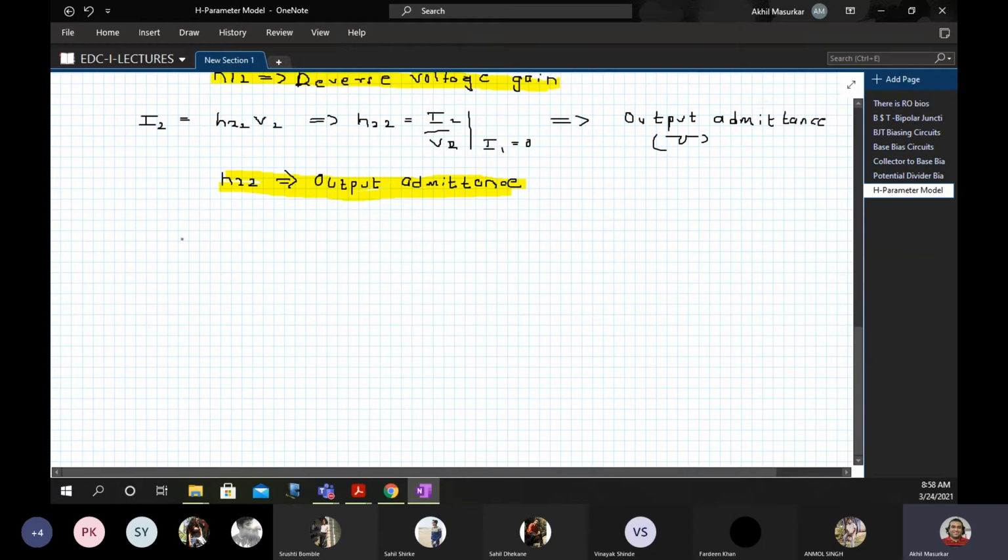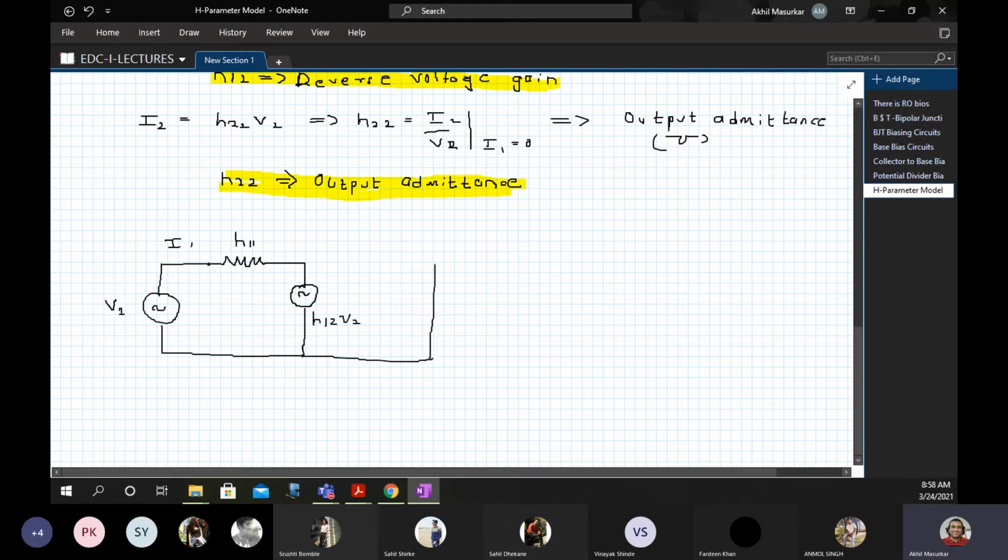So here we have, first I will draw V1, and because of V1 what flows is I1, and I1 flows through H11, and this value will be H12 V2, and on the output side we have H21 I1.